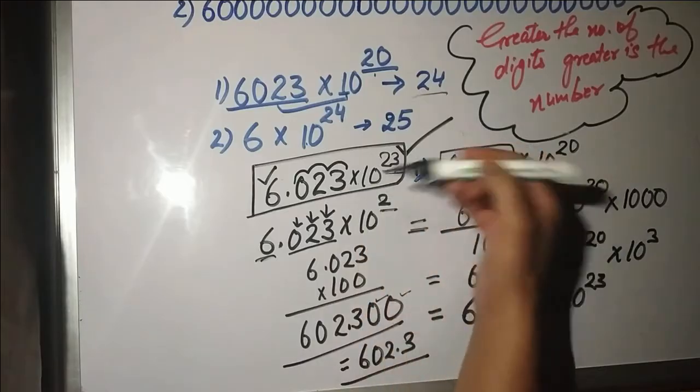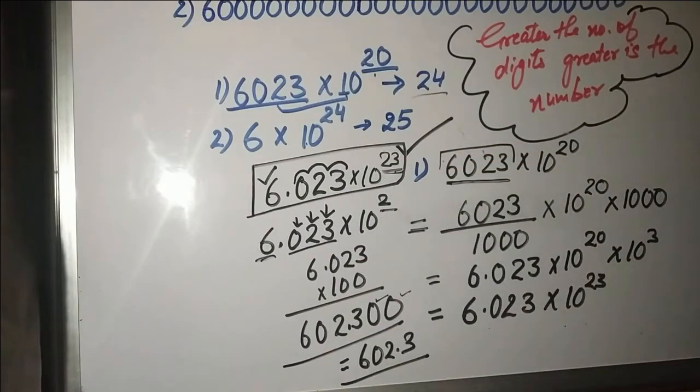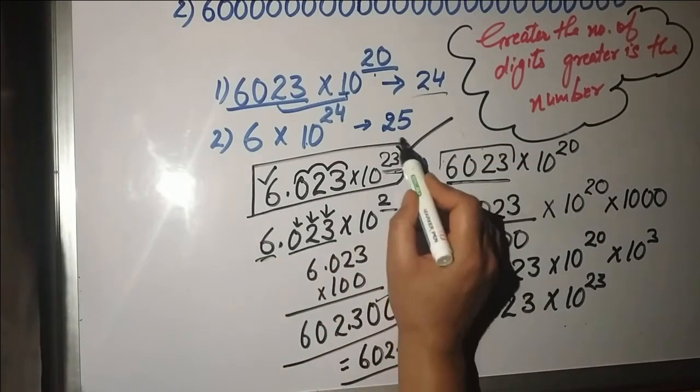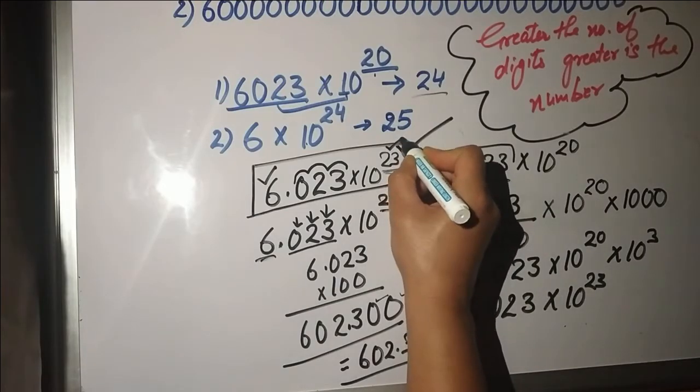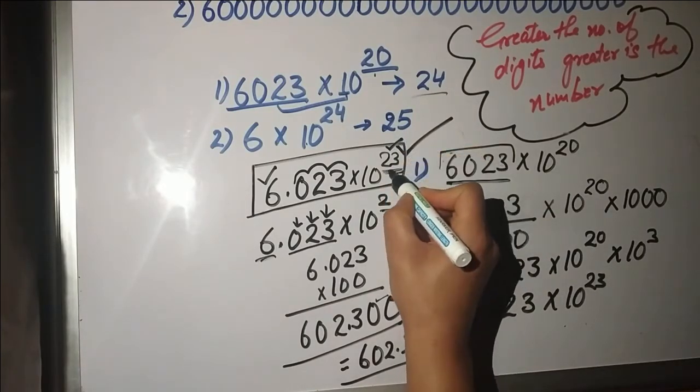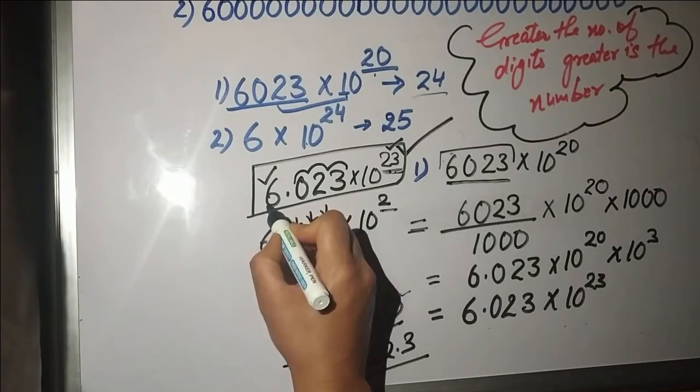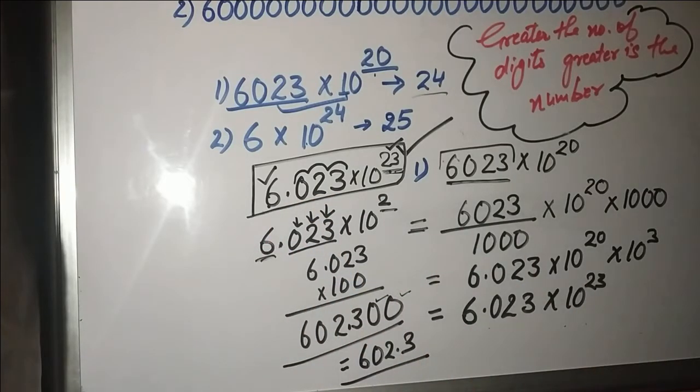Because of these, 3 zeros will get cancelled. So in short, when we have the number in this format and we have to estimate the number of digits, we can say 10 raised to power 23 means 23 digits, and 1 is here, which is 24. So it is going to be a 24-digit number. Got it?